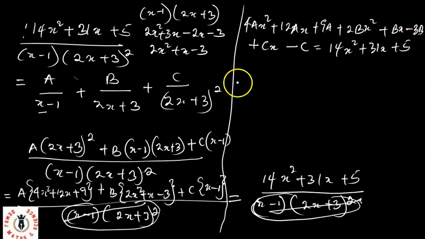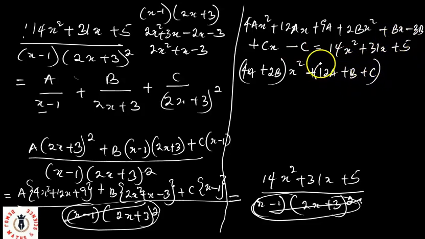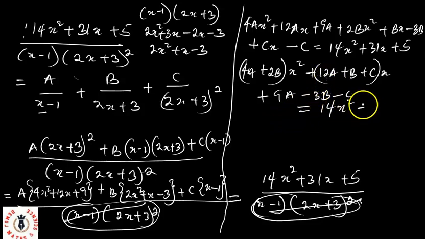Now let's rearrange what we have at the top. I want to collect like terms, so I have 4Ax squared plus 2Bx squared, plus 12A plus B plus C, that's into x, plus 9A minus 3B minus C equals 14x squared plus 31x plus 5.